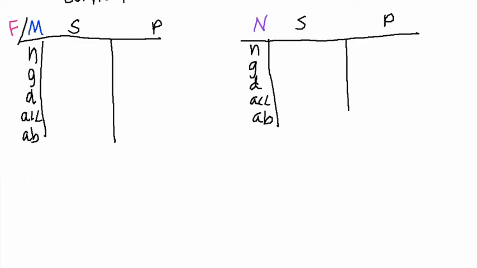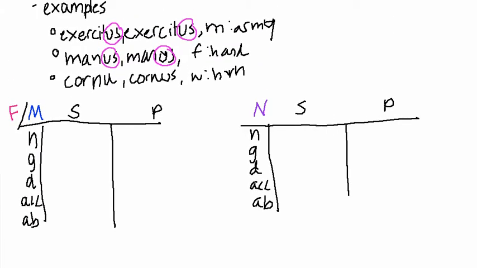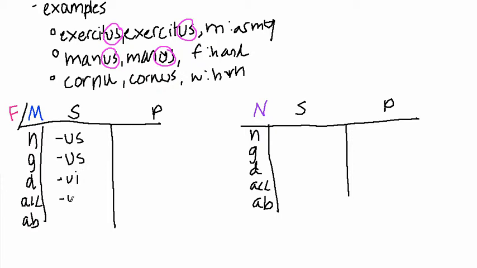Okay, so if we go back to the dictionary entries, we can just go ahead and copy down for the first two, for the masculine and feminine, us for the nominative, and us for the genitive. Okay, so the dative is ui, so it's us, ui. Accusative is um, and ablative is us, ui, u.